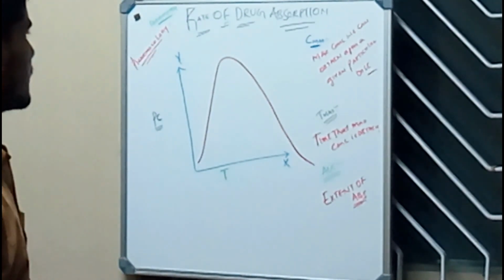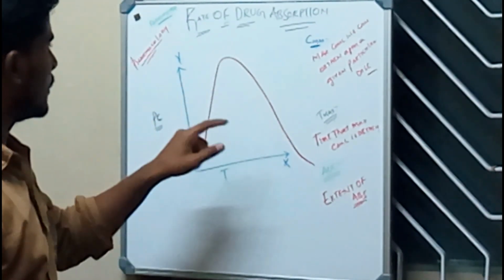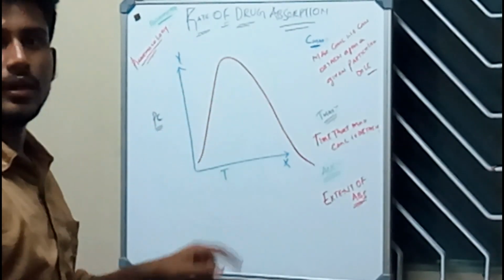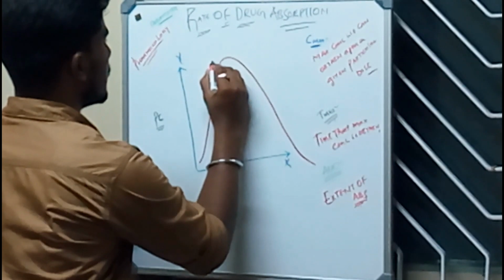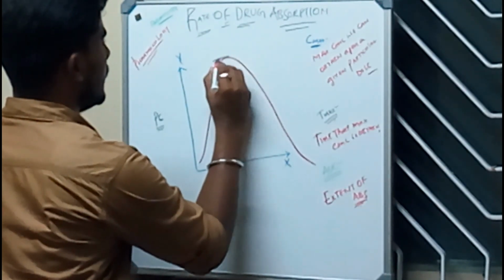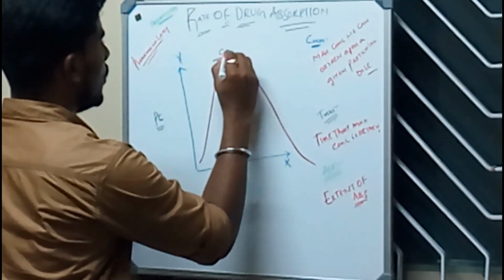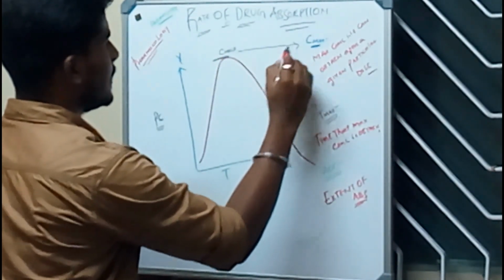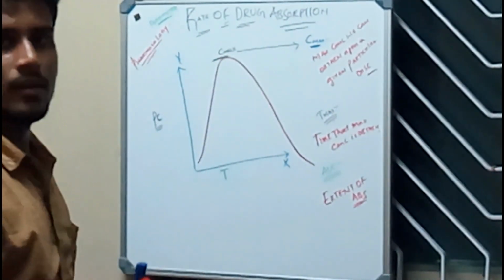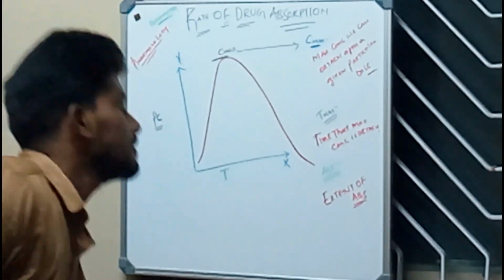Here we can see the maximum point, which is nothing but the Cmax. What is meant by Cmax?